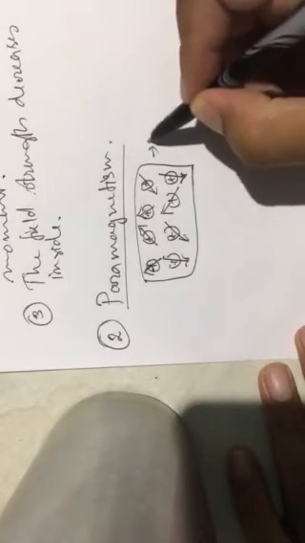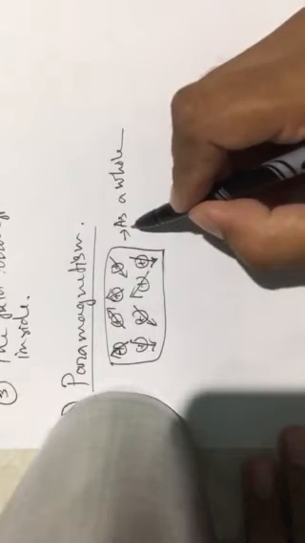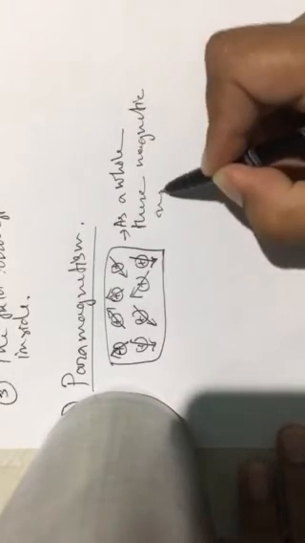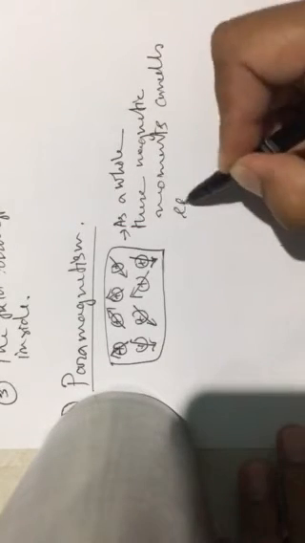That is why, as a whole, these magnetic moments cancel each other. Now you can ask me what is the difference between di and para then. So in diamagnetic, individual electrons in an atom cancel each other, so the atom itself does not have a magnetic moment, right?